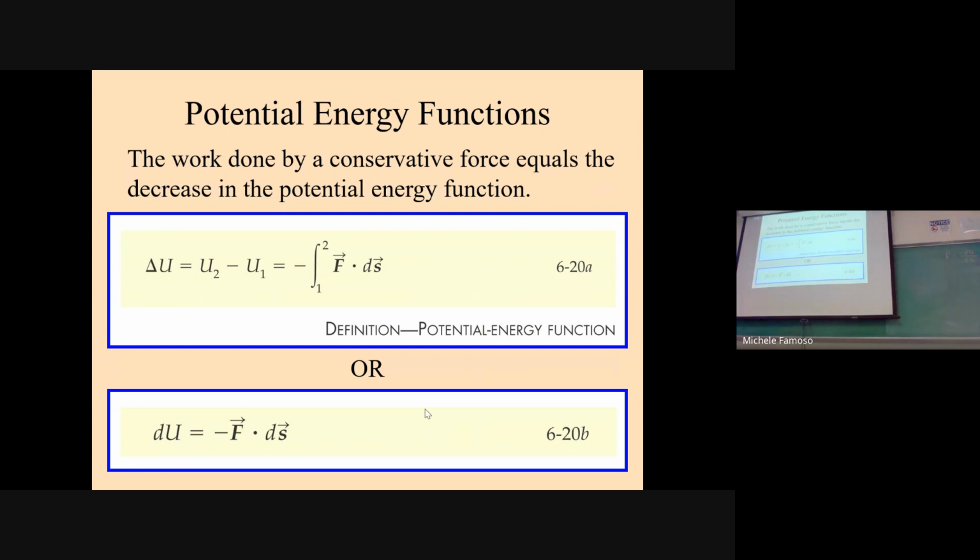It could be x, it could be y, it could be whatever direction this thing is moving in. So it's the negative derivative of potential energy with respect to position, where before we said that work was the derivative of the work done with respect to position. So these are opposites of each other.